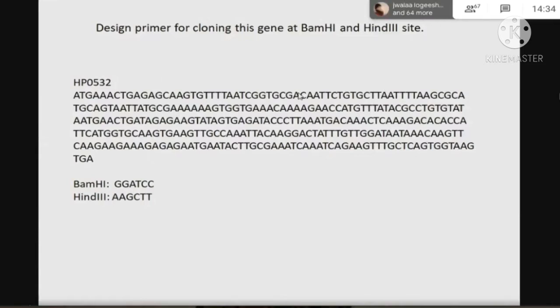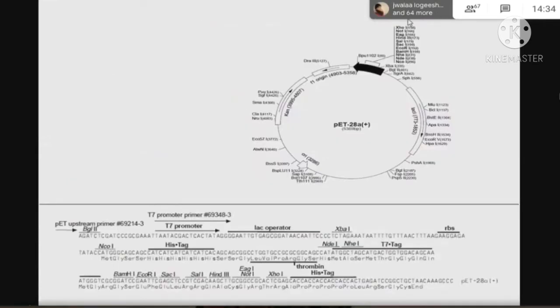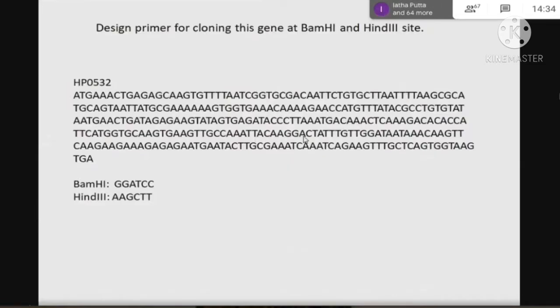We can search one by one whether XHO is present or not, HIND3 is present or not. If suppose HIND3 is absent, then yes, we can clone at HIND3. Otherwise we have to select another, and check whether NCO is present or not. In this way, we have to find out which restriction sites are absent. Then we can choose cloning sites out of those absent restriction sites.